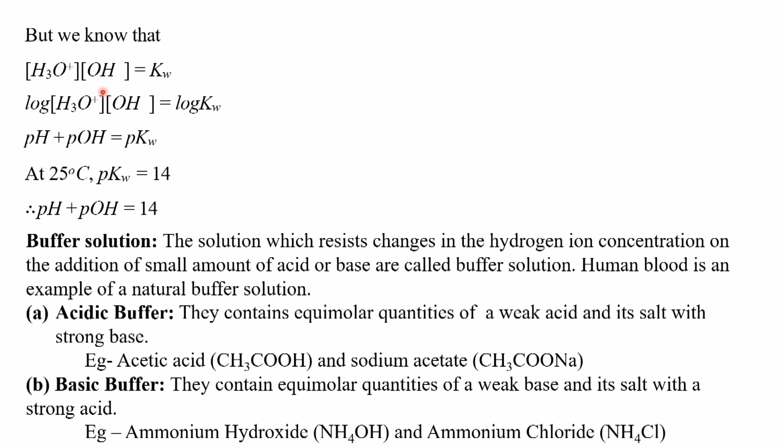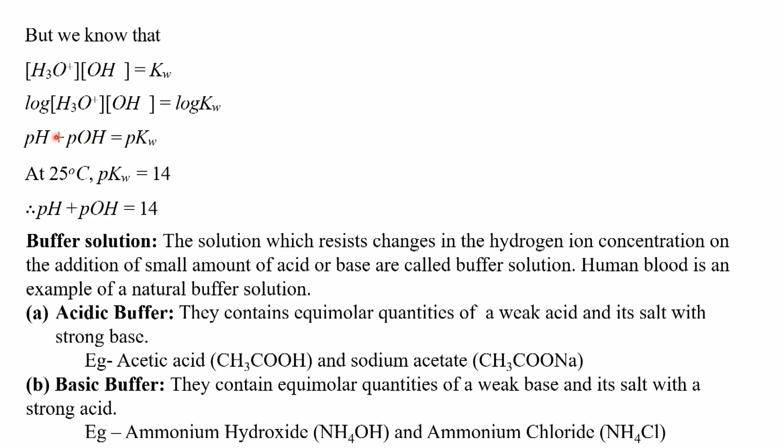But we just discussed that the concentration of H3O plus times the concentration of OH minus is Kw. If you take log of both sides, on this side we get log of the concentration of H3O plus times the concentration of OH minus, which gives log Kw. Log of A times B gives log A plus log B. So the first term will be log H3O plus and the second term will be log OH minus.